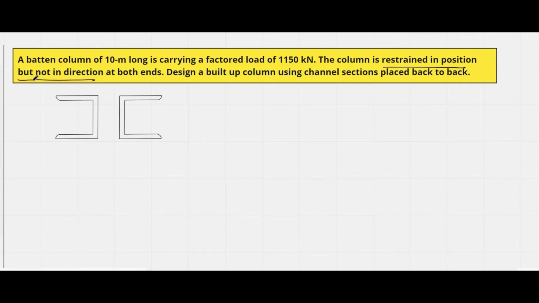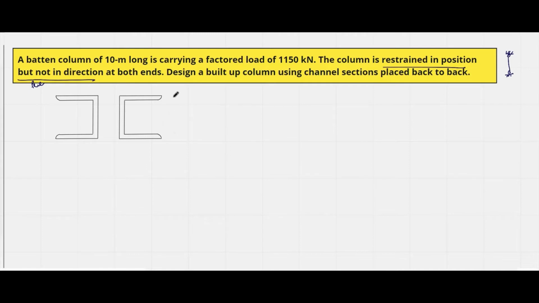It is free in direction and it has been restrained in position at both the ends. The type of support could be hinge support. The designer builds up the column using channel sections placed back to back. So this is the desired shape for built up sections.